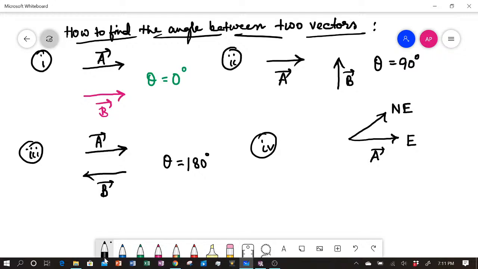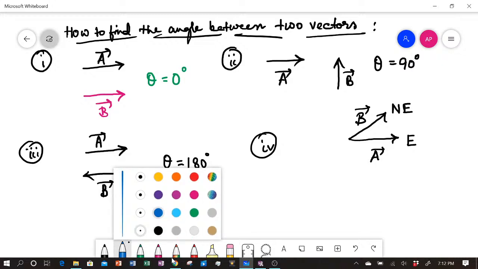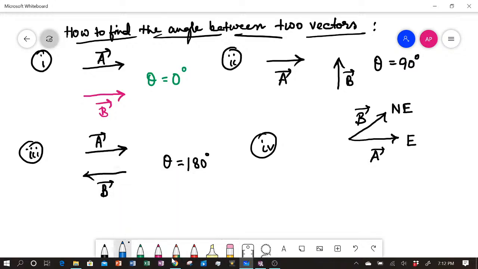Now tell me, what would be the angle between these two vectors, A vector and B vector, if A vector is along east and B vector is along northeast direction?